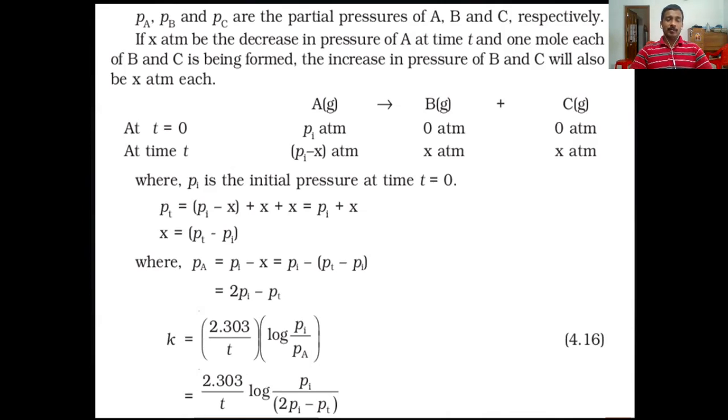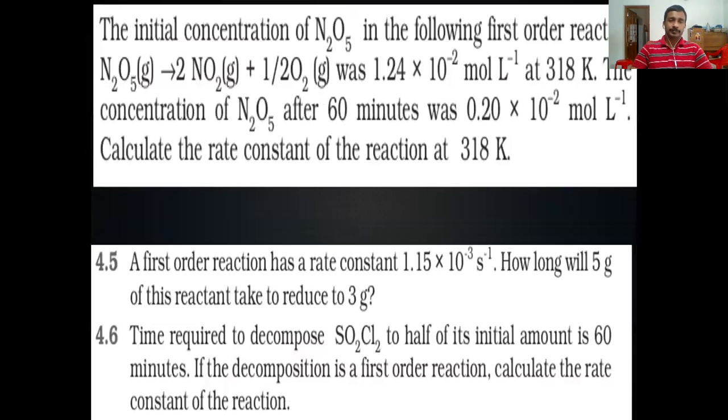Therefore, k is equal to 2.303 divided by t log Pi by (2Pi minus Pt). It's not very important, only those who are preparing for competitive examinations study it thoroughly. So just to follow it, it is very easy to understand. Just work it out on paper, then it will be clear to you.